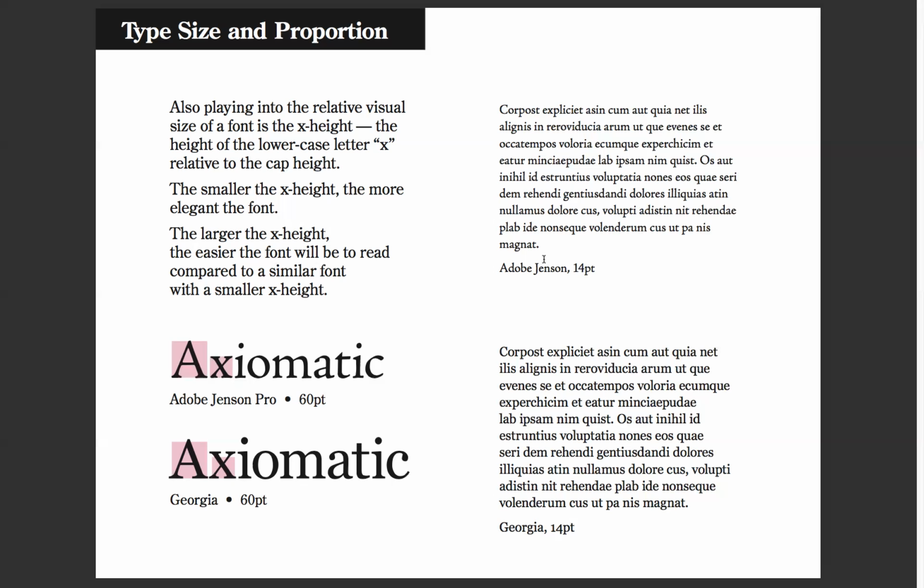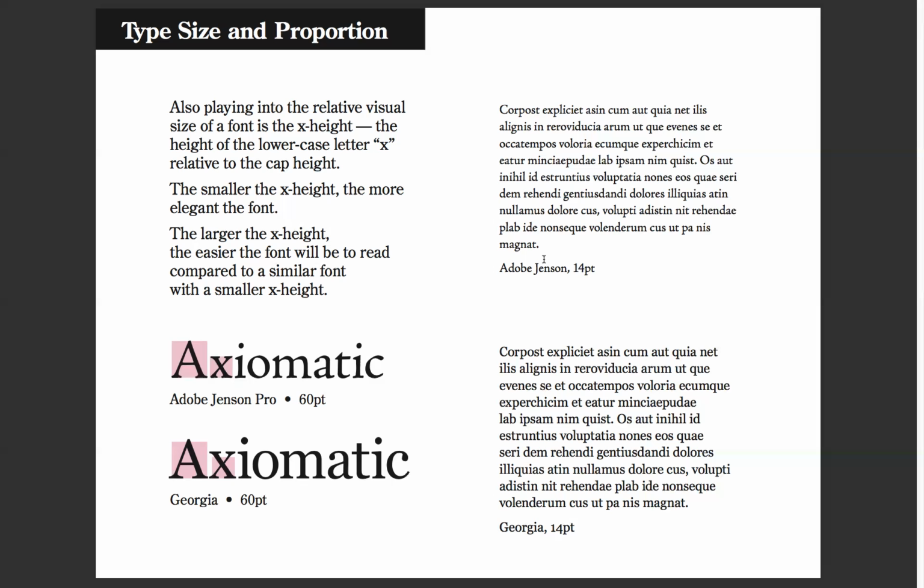Okay, and then this is what it looks like when it's typeset. This is Adobe Jensen 14-point. Notice how much white space there seems to be between the type, but it's a lot smaller, while Georgia at 14-point with the same leading is a lot darker, and it also seems a lot larger.